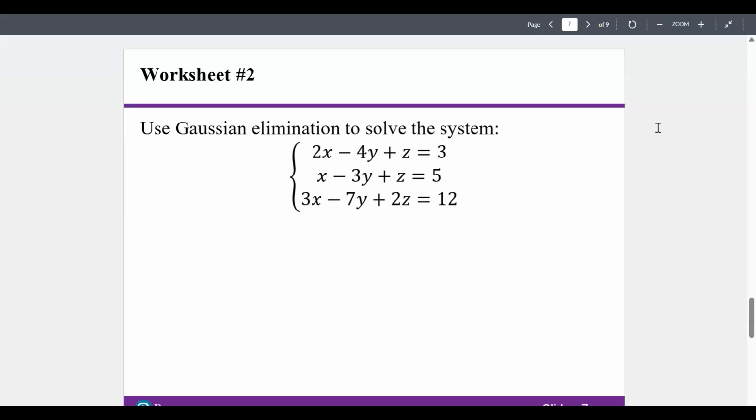Okay, so for this next one, well, we already got infinite solutions, so I think we know what's going to happen here. We have 2, -4, 1, 3; 1, -3, 1, 5; and then we have 3, -7, 2, and 12.